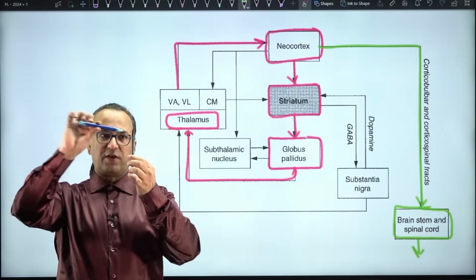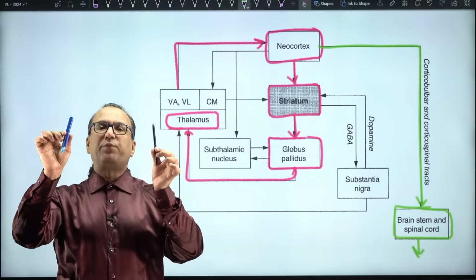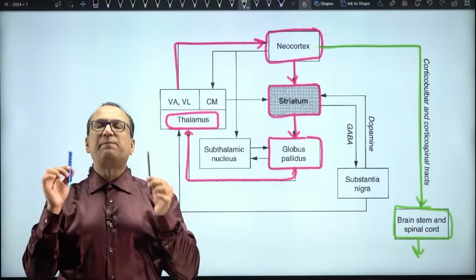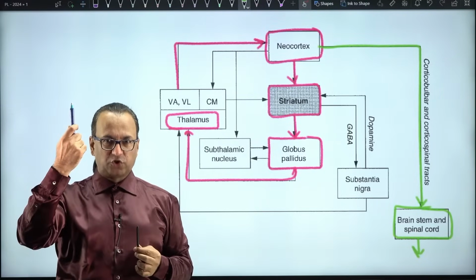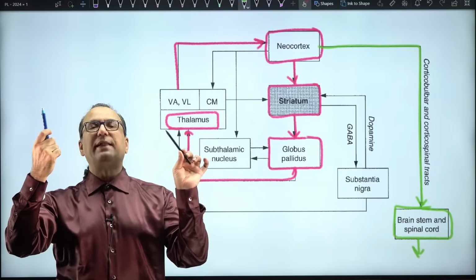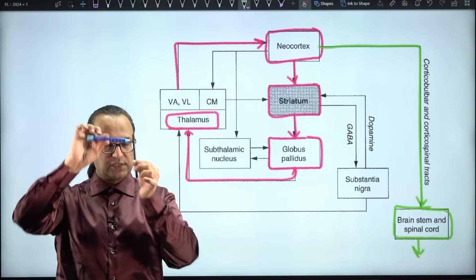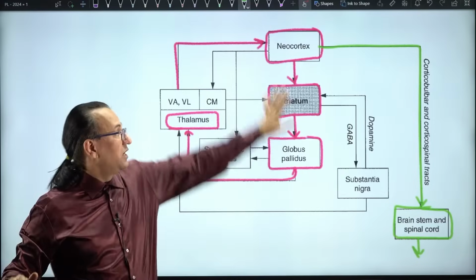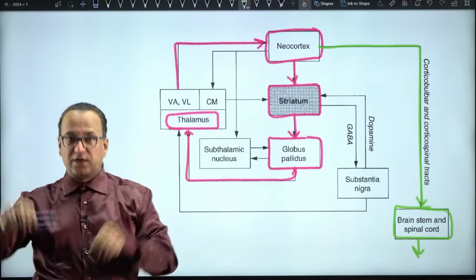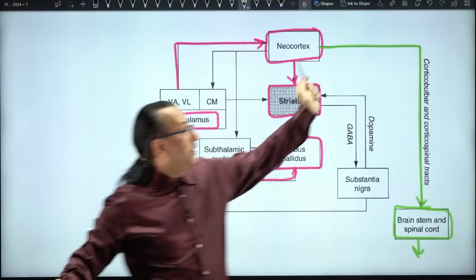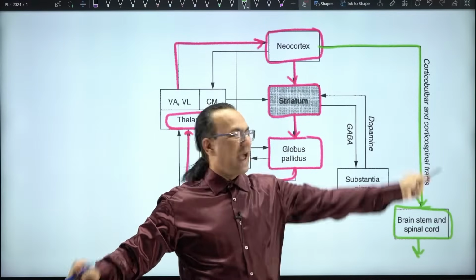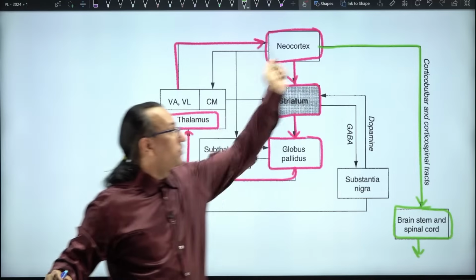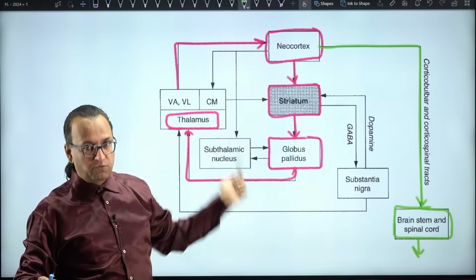I want to put the thread into needle, but before I put the thread into needle, I must plan. The thread should be in my right hand, needle should be in my left hand, and then I have to do this. I am doing nothing, I am just planning. That planning is done by basal ganglia, and once I do it, that is done by pyramidal system. This is pyramidal system which will actually do the movement, and this is extrapyramidal system which will plan the movement.